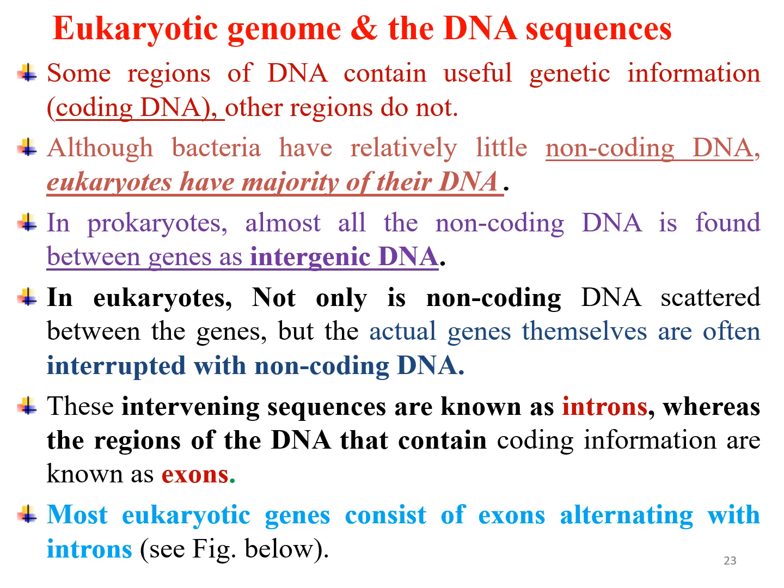So although bacteria have relatively little non-coding DNA, eukaryotes have a majority of their DNA non-coding. In prokaryotes, almost all non-coding DNA is found between the genes, as intergenic DNA, but in eukaryotes, not only is non-coding DNA scattered between the genes, but the actual genes themselves are often interrupted with non-coding DNA. So these intervening sequences are known as introns, whereas the regions of DNA that contain coding information are known as exons. So most eukaryotic genes consist of exons alternating with introns.